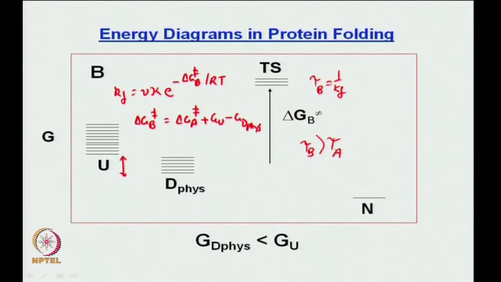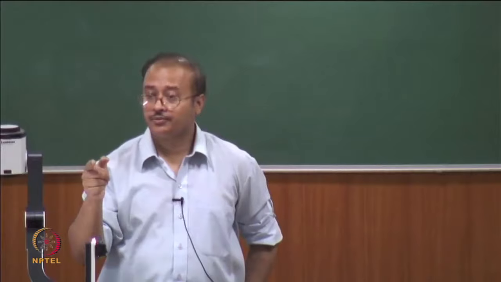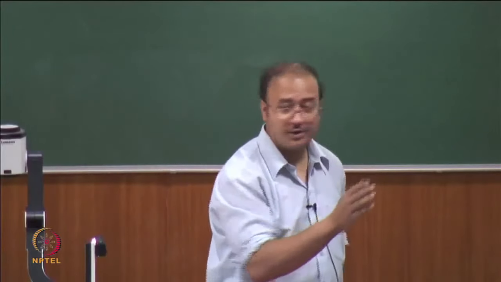It is greater than tau_a, right. So, that means in case a you would be folding faster than b. Why? Because your energy barrier is increased. Why? Because your physiologically denatured state, which you are considering, is stabilized as compared to the unfolded state, and has come down in terms of the free energy. Clear or not? Is it clear? Okay.